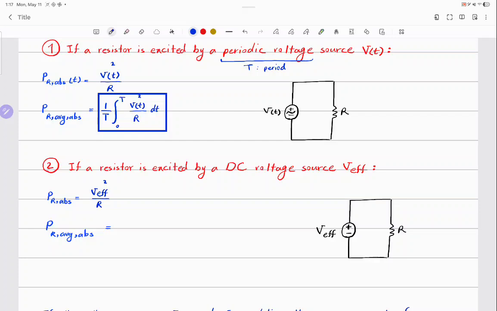What is the average of class? 39. So, do you agree that V effective squared over R is a constant value? So what is its average over time? Itself, right? It's not time dependent. Okay, let's box this guy as well.